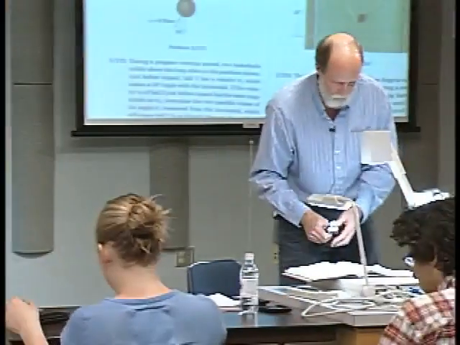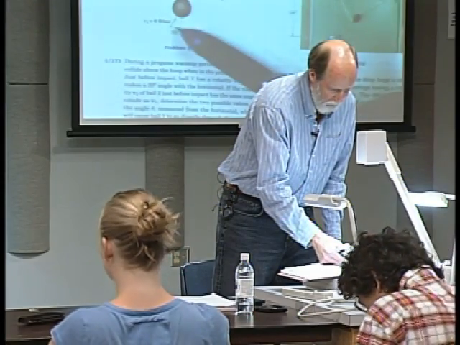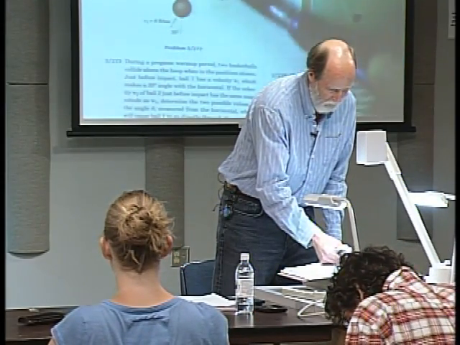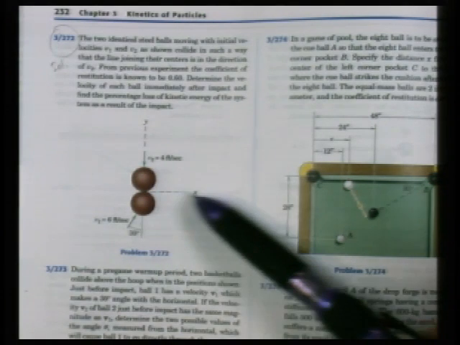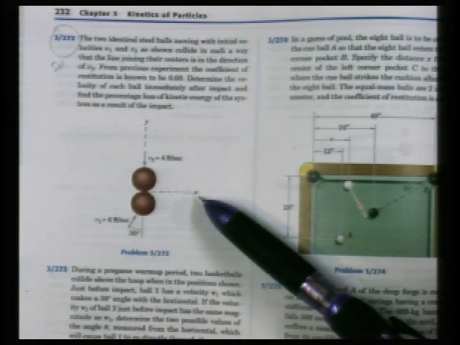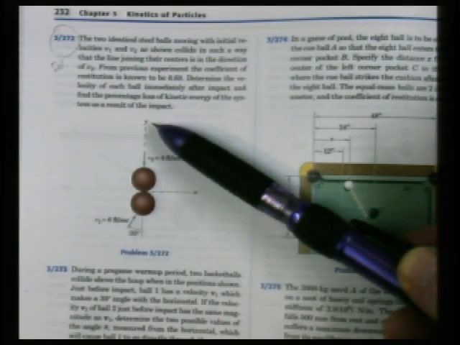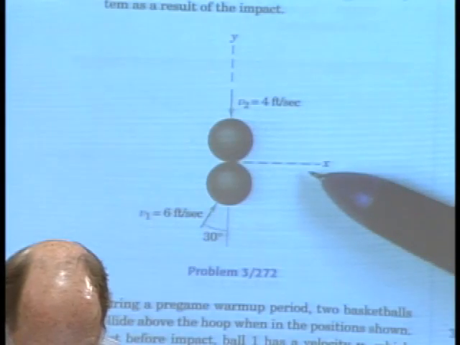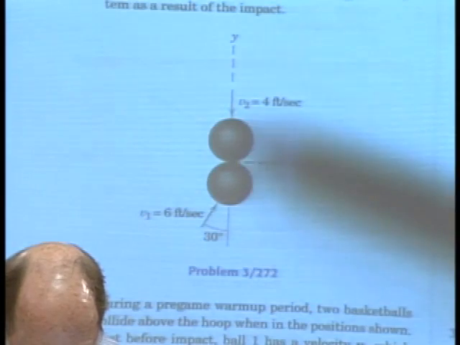So we have two identical steel balls this time, and we know the incoming velocities and the angles at which they're coming in. They've defined this as the x-axis, which would be our tangency axis, and they defined a y-axis, which would be our normal axis, transverse to the tangency.